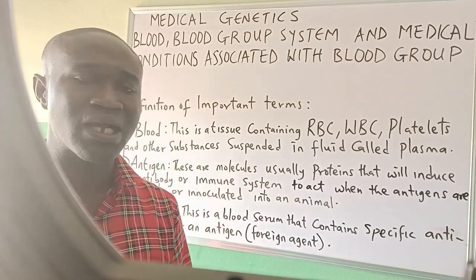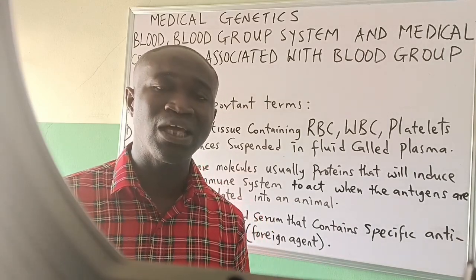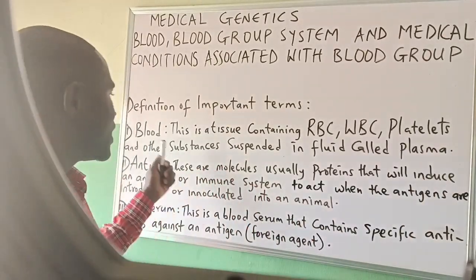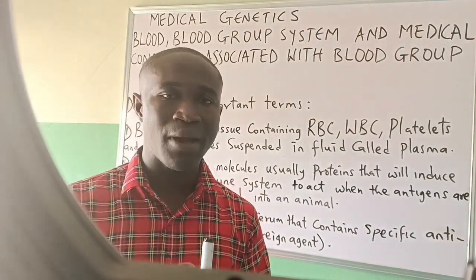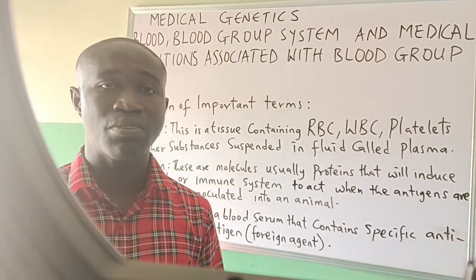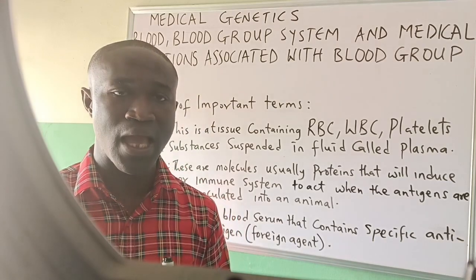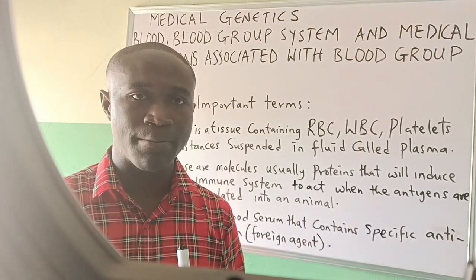Another person can also define blood as a fluid which contains red blood cells, white blood cells, blood platelets, and other substances suspended in a fluid called plasma. That means we have many ways we can define blood, depending on where someone is coming from.